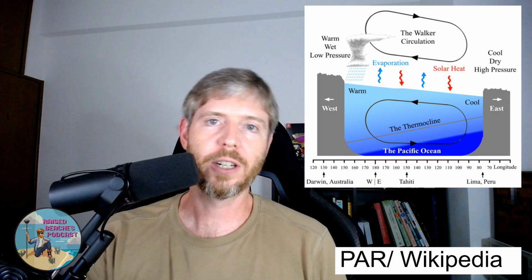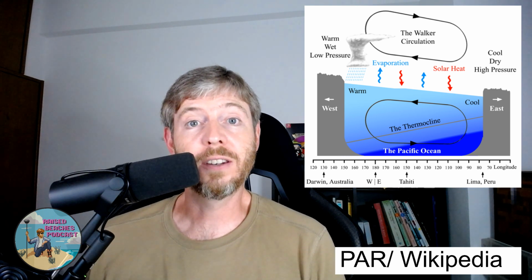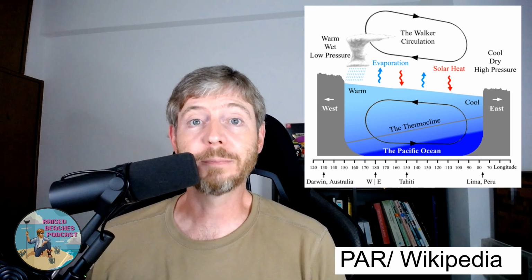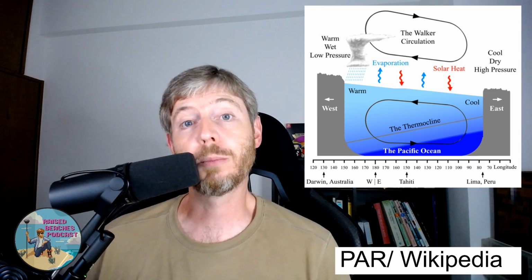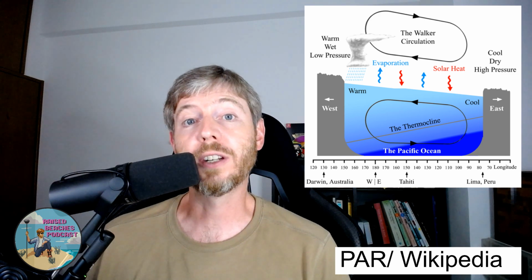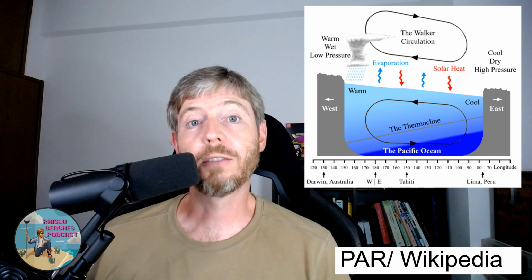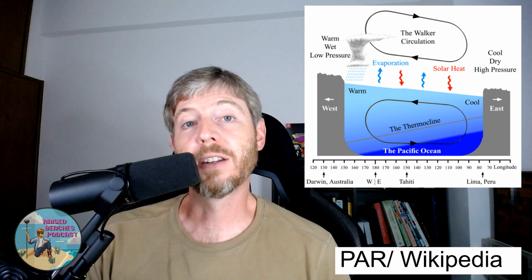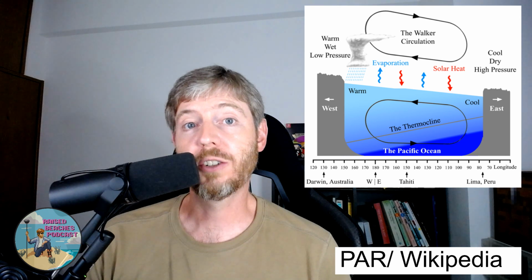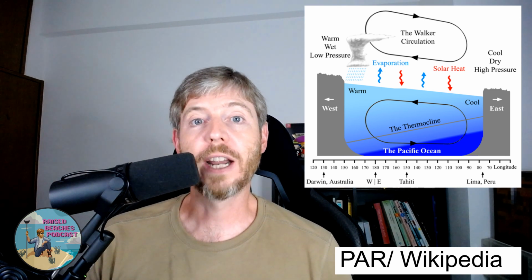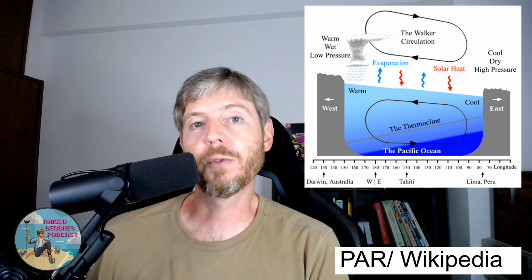The Walker circulation is basically the air circulation pattern in the tropical Pacific region, and it comes about because of the difference in air pressure between the western and eastern sides of the Pacific. It's driven by the fact that in the Indonesia region, there's generally a low pressure system, while in the Eastern Pacific, there's generally a high pressure system.